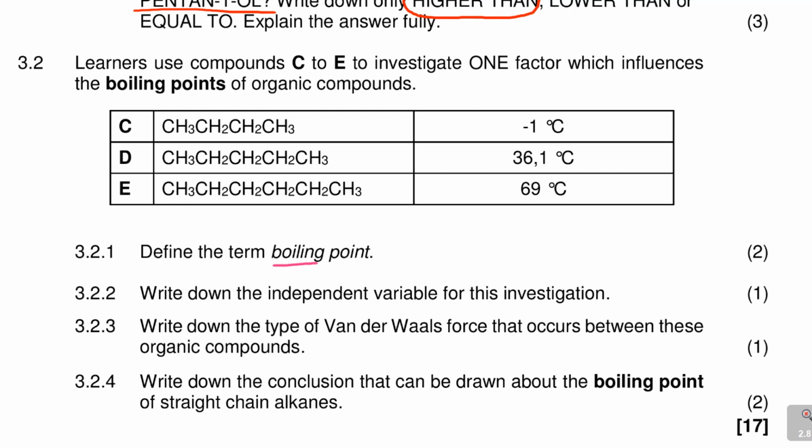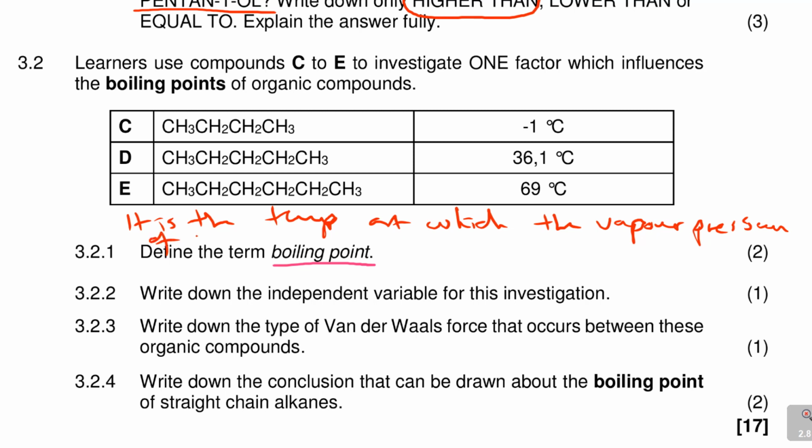Now define the term boiling point. Okay, what is a boiling point? Boiling point, it is the temperature at which the vapor pressure of a compound is equal to the atmospheric pressure.